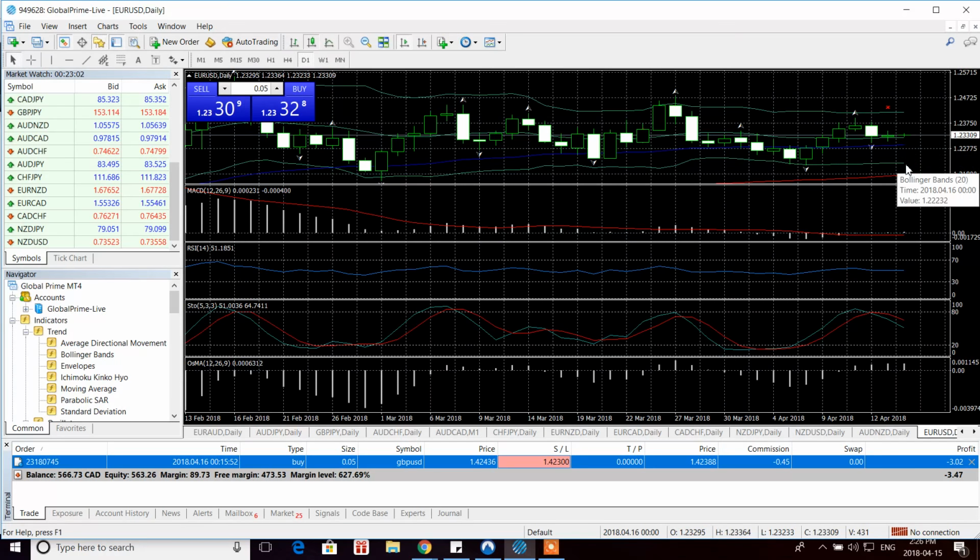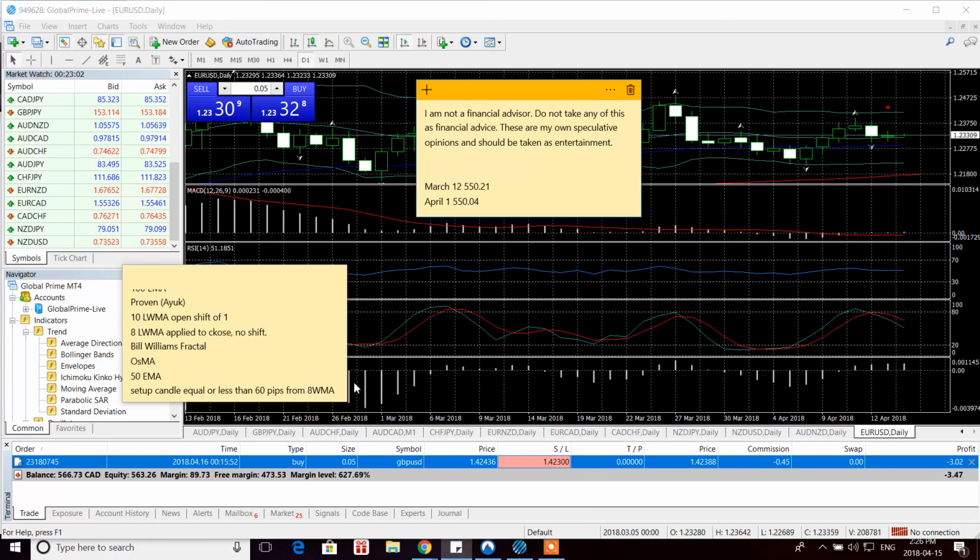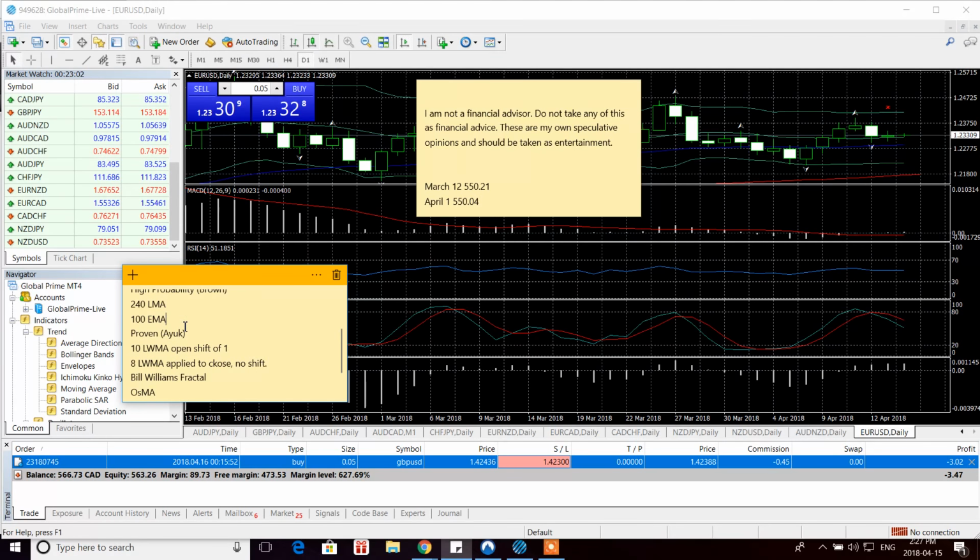So now we're at the Euro US dollar, and I've put some lines in here to show what the next method is. This here is actually supposed to be here. 50 EMA.